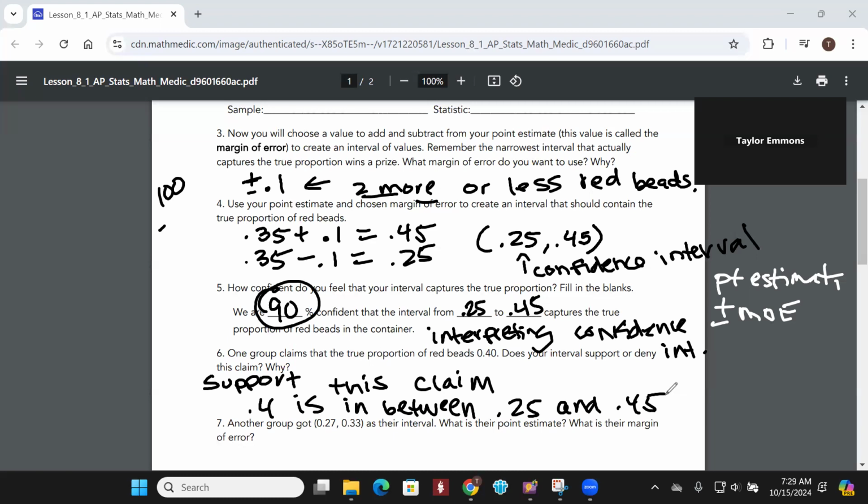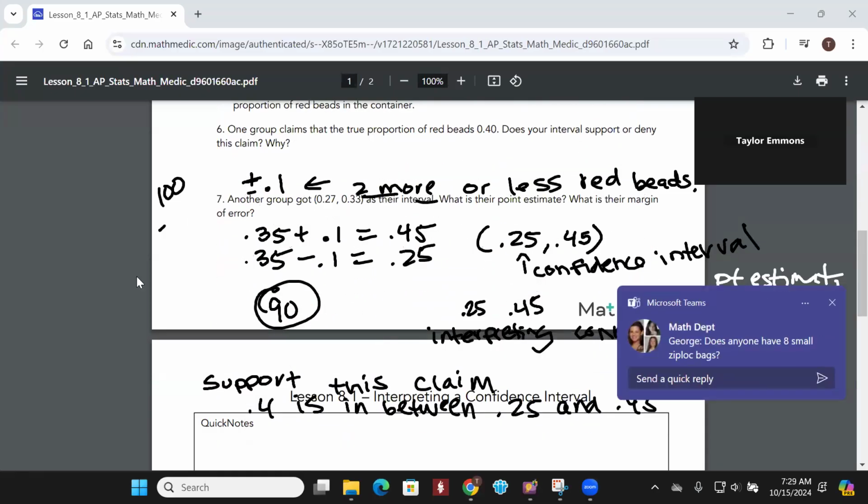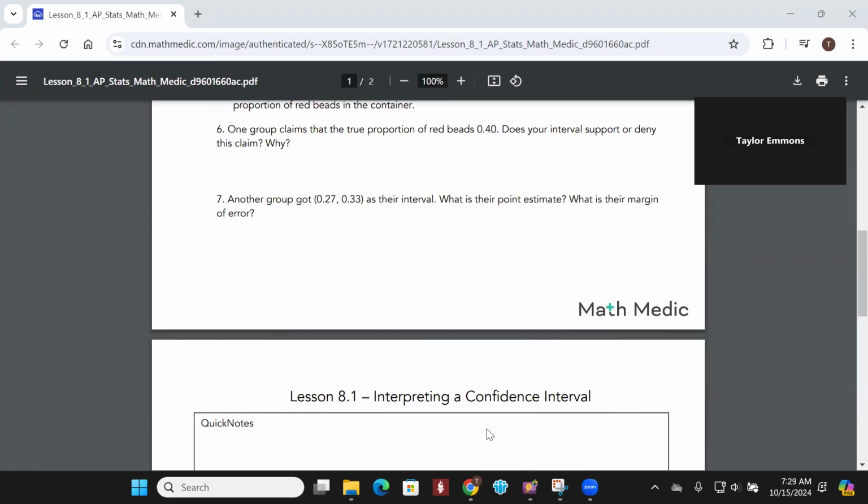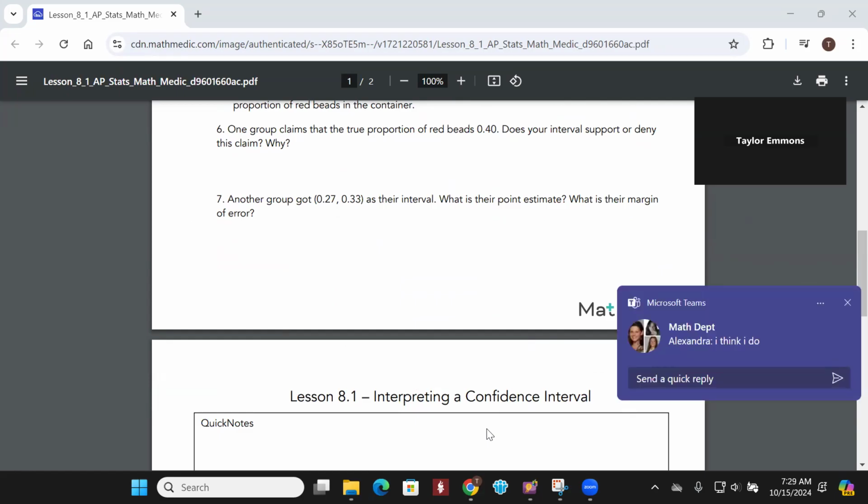So let's look at the next one. Let's say that another group got between 0.27 and 0.33 as their interval. So they did a sample and it was a little bit lower this time. We're going to try to find their point estimate. Remember, the point estimate is going to be halfway between our interval.